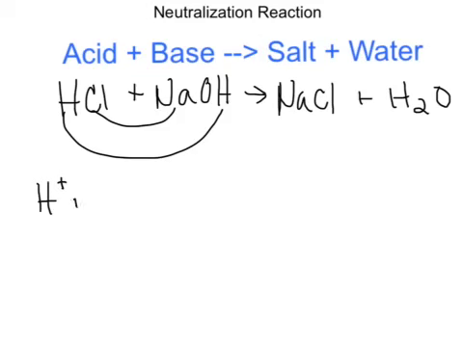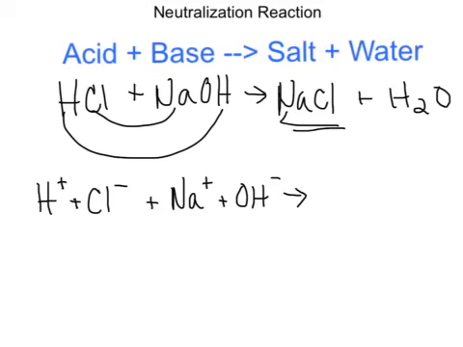So we would have hydrogen ions and chloride ions as a result of the ionization of the HCl, and sodium hydroxide, being a strong base, is also going to fully dissociate, giving us sodium ions and hydroxide ions. And then on the product side, sodium chloride we know to be a soluble salt, so we would show that in its ionic form also as sodium ions and chloride ions.